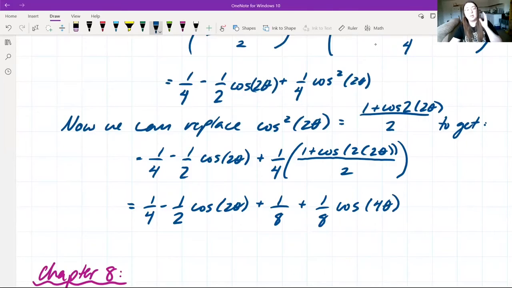So we've run out of room here. Our last piece of simplification is just going to be adding our 1/4 and our 1/8. When we add those together, that's going to end up giving us 3/8.